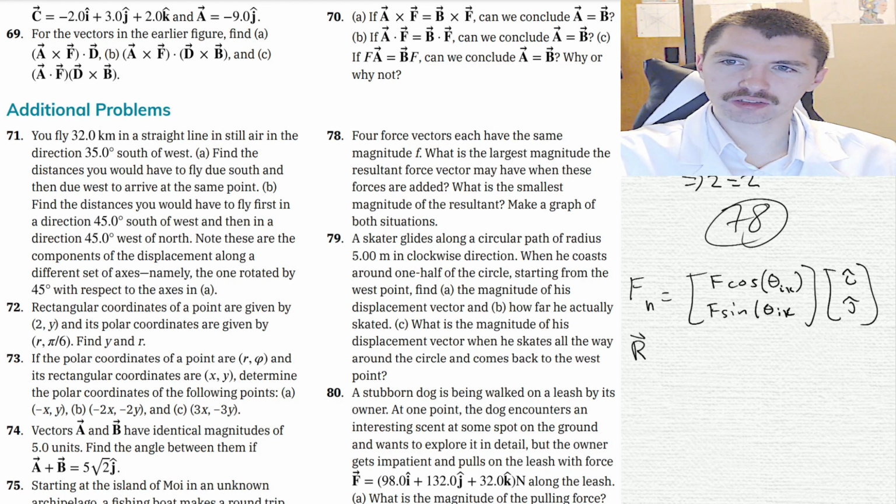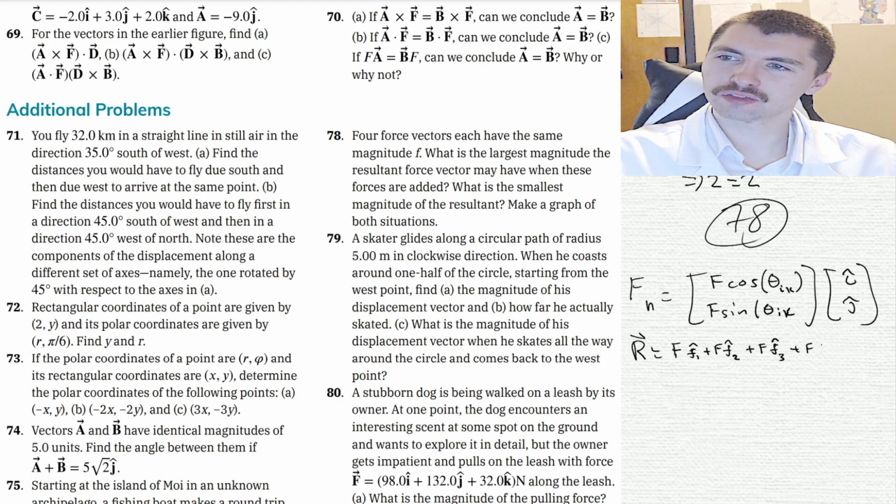So the resultant is going to be some magnitude times, let's call it F1, direction of F1 plus some direction for F2 plus magnitude times some direction of the third force, and then F times the direction of the fourth force.